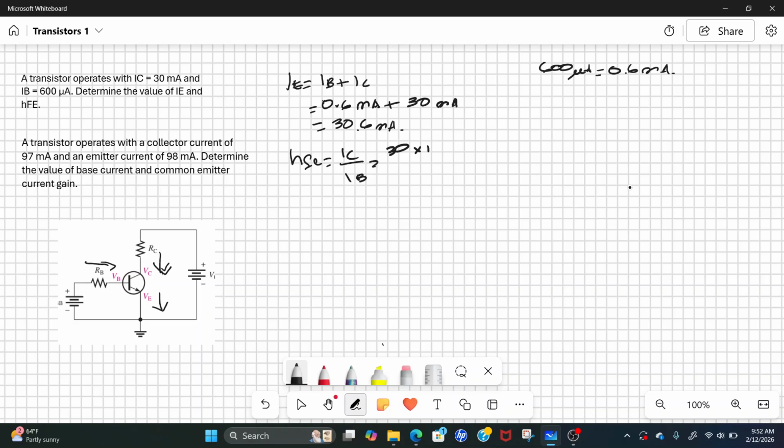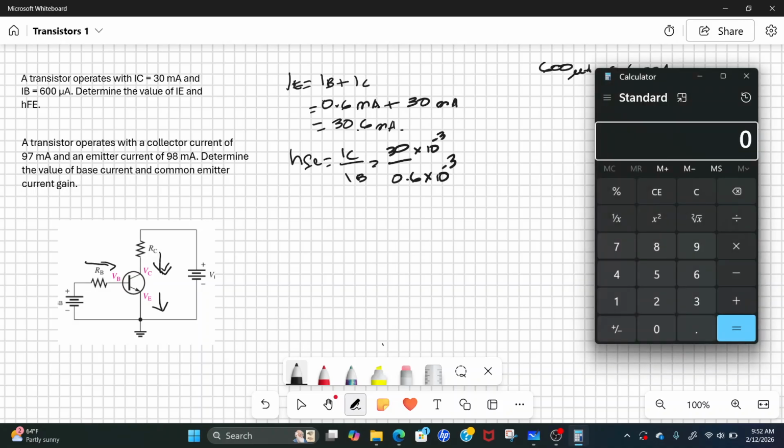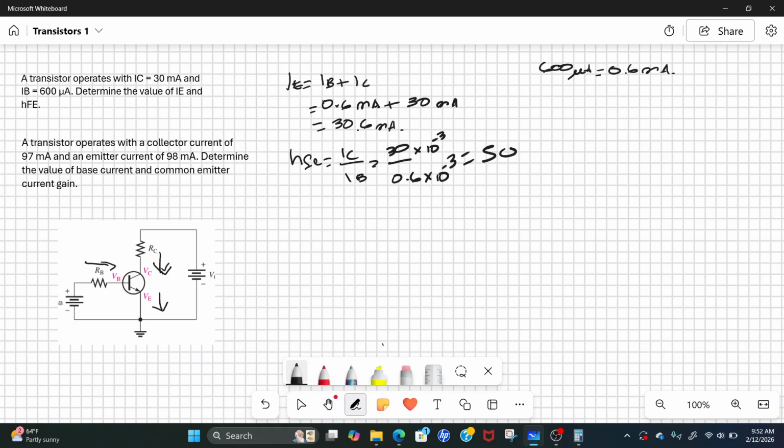That's 30 times 10 to the minus 3 over 0.6 times 10 to the minus 3. And let's pull the calculator. So that is 30 over 0.6, and that is equal to 50. So the HFE is 50. So let's do the other one.